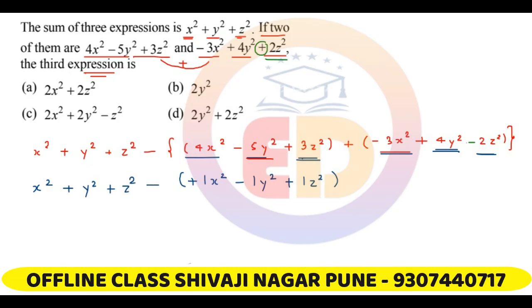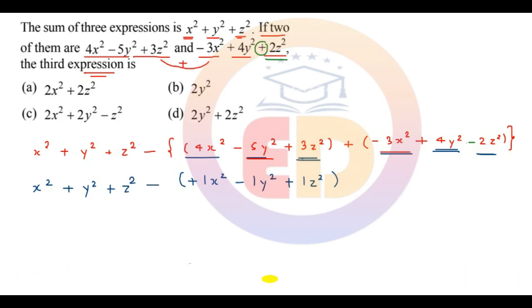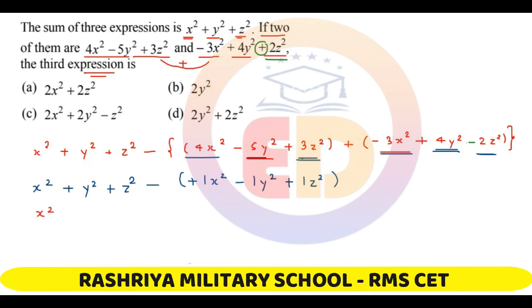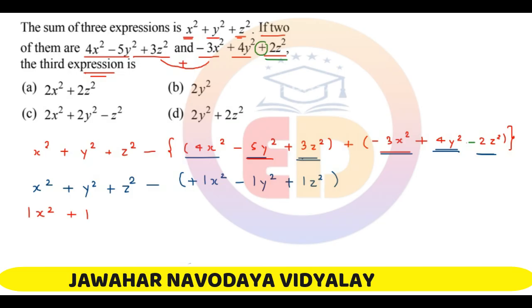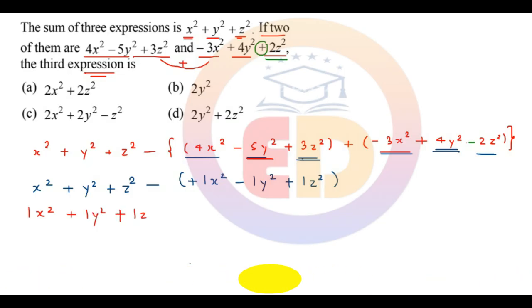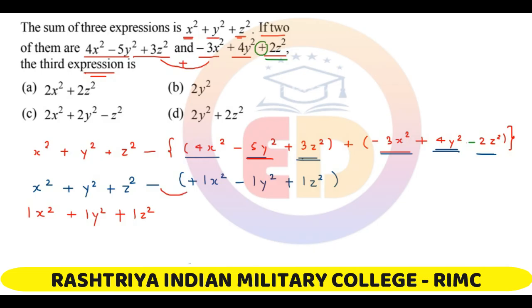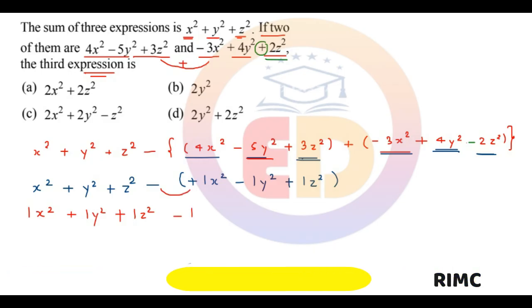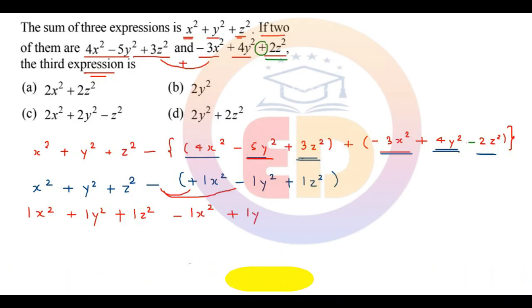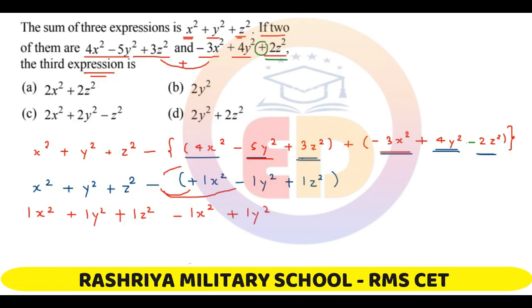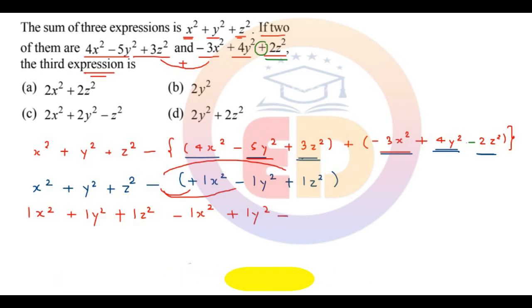As we discussed earlier, when we subtract, the sign will change. Now I'll give them the coefficient 1, which is hidden. This is 1x square plus 1y square plus 1z square. Minus plus is minus 1x square. Minus minus, this is plus 1y square. And minus plus, this is minus 1z square.